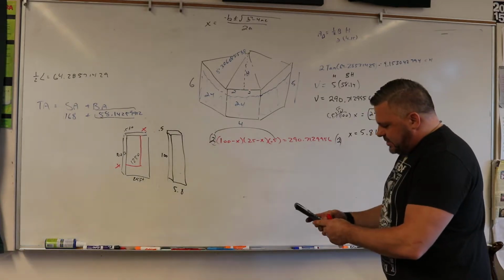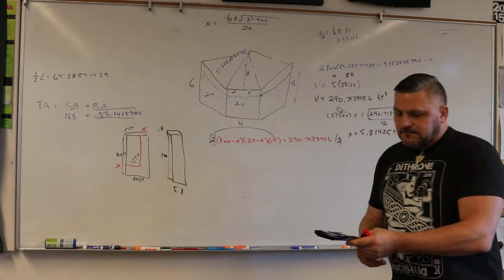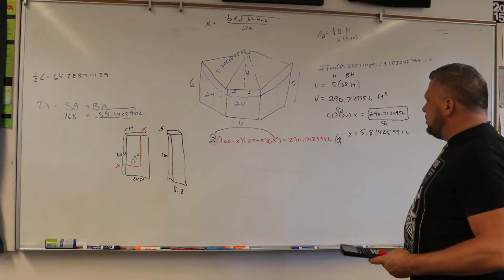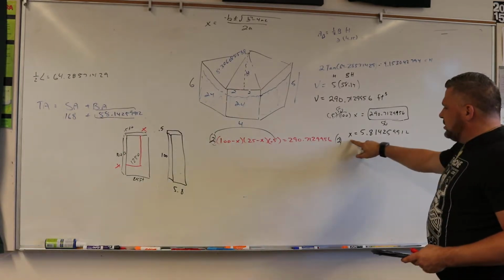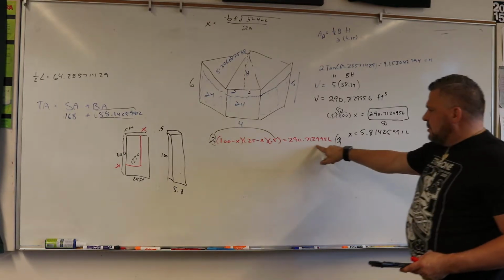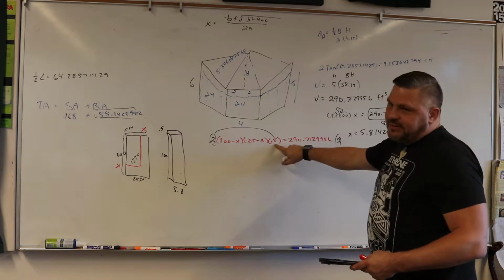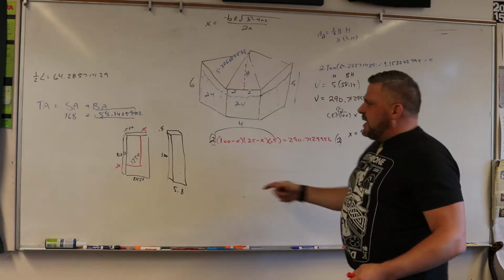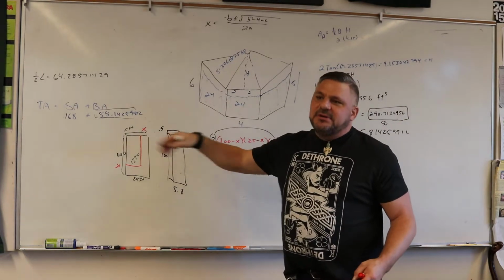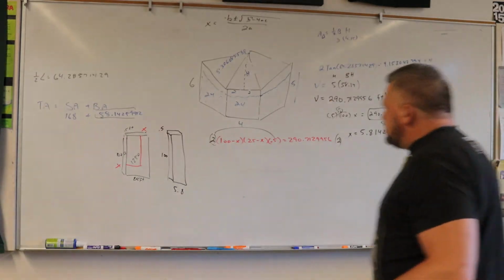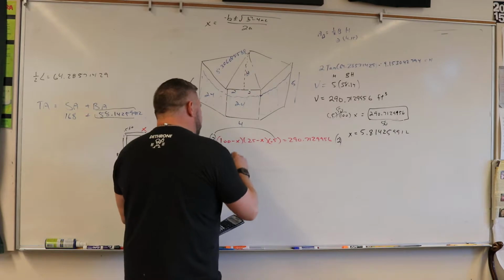What's that 0.5 at the end? Remember, because we have to hit it by the half, because it's still going to be a half foot tall. So we're going to get rid of that half. It's going to be 1.